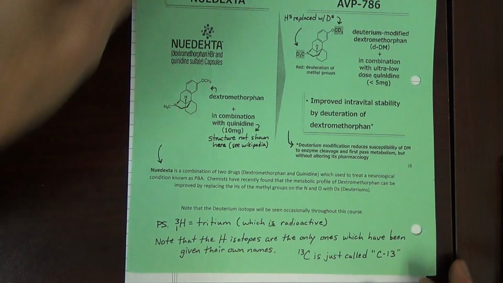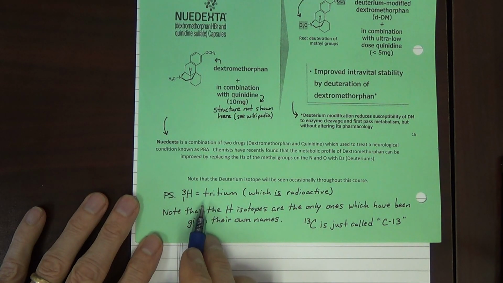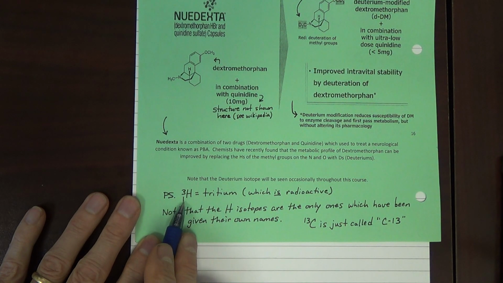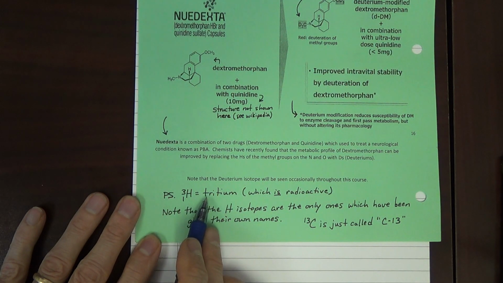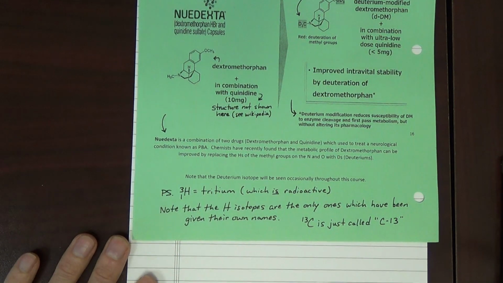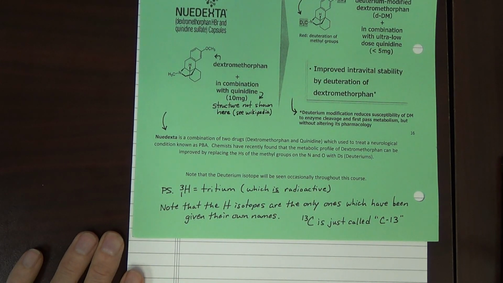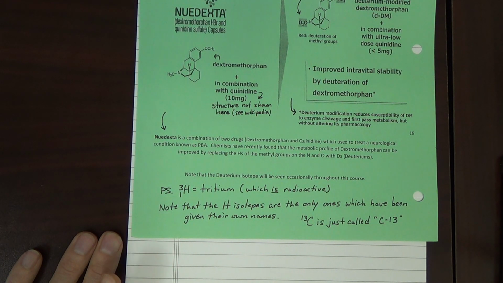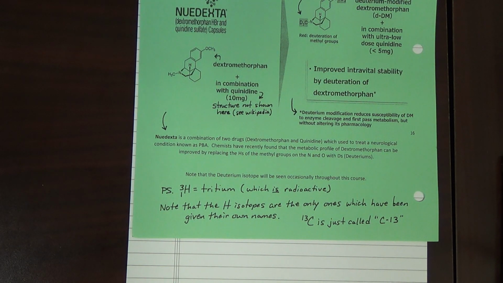Now there is another isotope of hydrogen called tritium. Now tritium has, if you can tell here, 2 neutrons. Of course, 1 proton plus 2 neutrons equals 3. And that's kind of where the tri comes from, and it's called tritium. Now tritium is radioactive. Tritium used to be used a good bit at the Savannah River site, particularly back in sort of the original days, 1950s, 1960s.